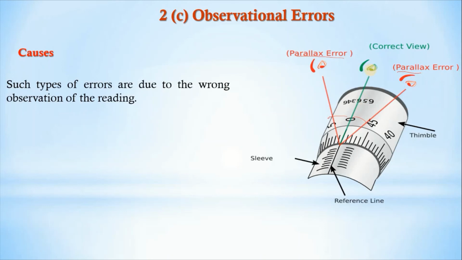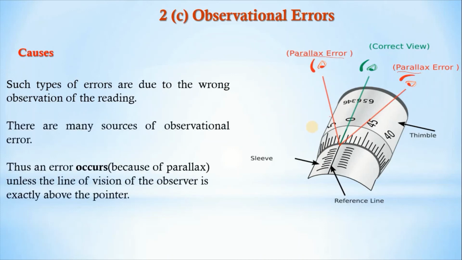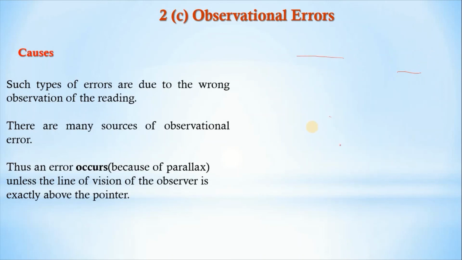So we have to see in a correct way so that the error can be reduced. The observations made in a wrong view can cause error. So there are many sources of observational errors. These errors occur due to parallax unless the line of vision of the observer is exactly above the pointer.